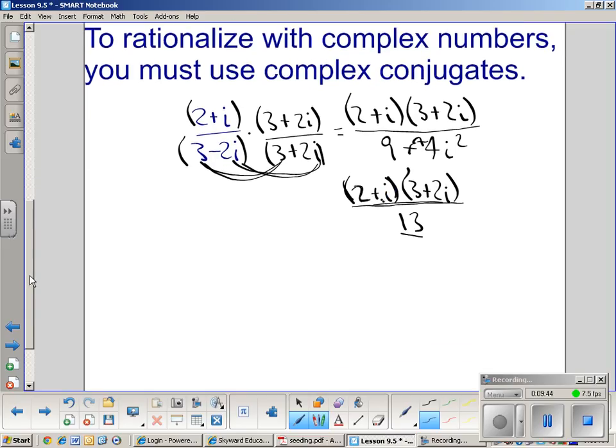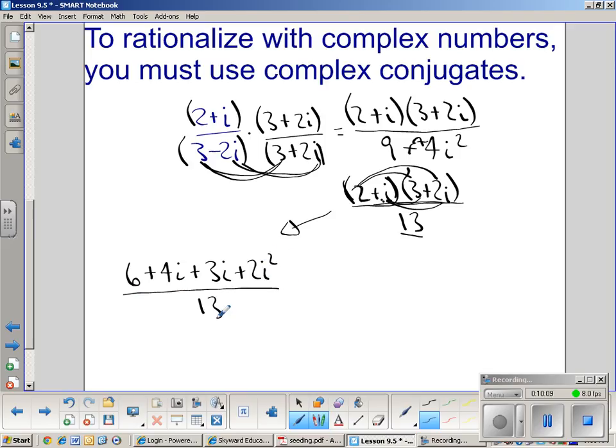So we're going to have to FOIL the top. 2 times 3 is 6, and 2 times 2i is plus 4i, and then i times 3 is plus 3i, and then i times 2i is plus 2i squared. What did we say i squared was?